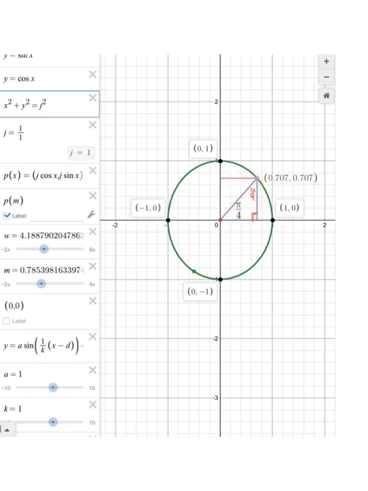So the cosine of that angle, pi by 4, literally means the distance to the right that the point is from the y-axis, which is also the x value of the x and y here. And the sine of pi by 4 is literally the height above the x-axis, which is also the y-coordinate here.